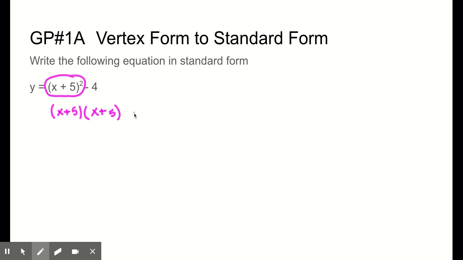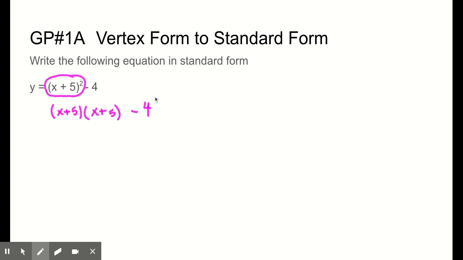Now, if you're really good with your special patterns and you feel comfortable using them to multiply these two binomials together, then please feel free to do so, so long as you find that you are accurate every time. Otherwise, I'm going to show you how to multiply these two binomials using double distribution.